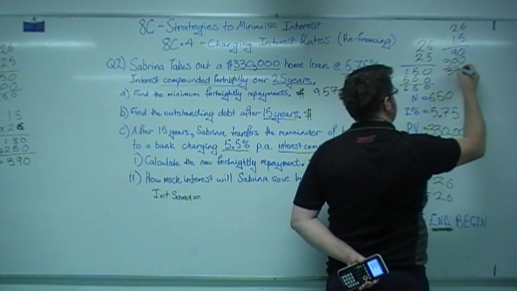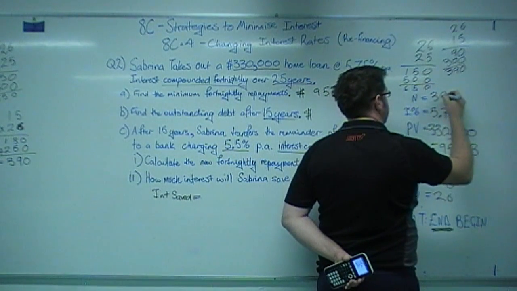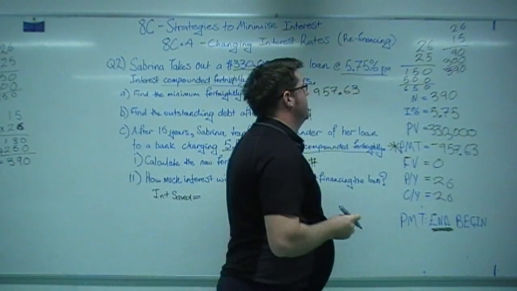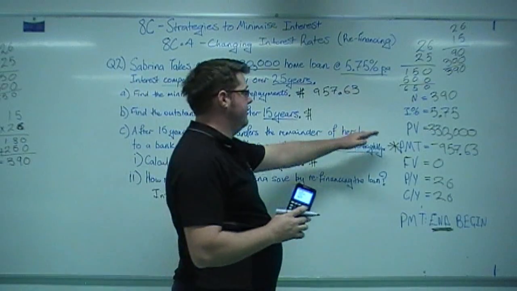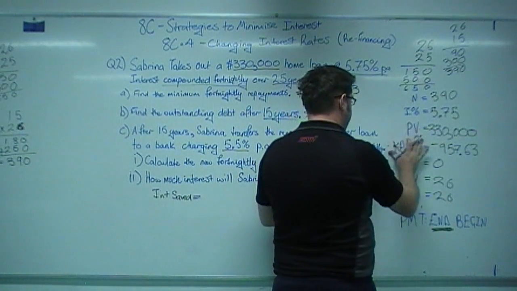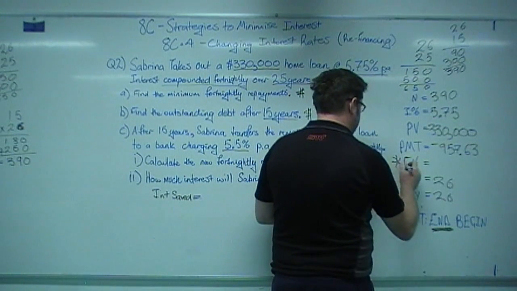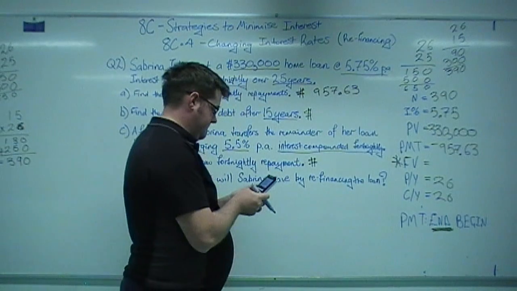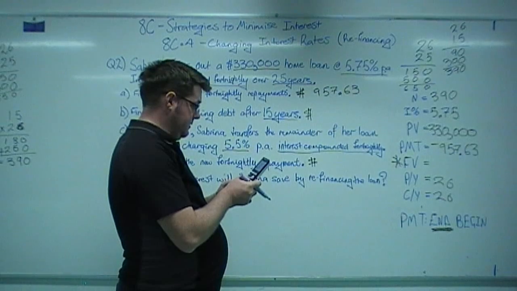That would be 390 periods we'll have gone. So 390. So from here, we just change the numbers, leave our payment the same, and we now want to solve for the future value. So I'll change the periods to 390.